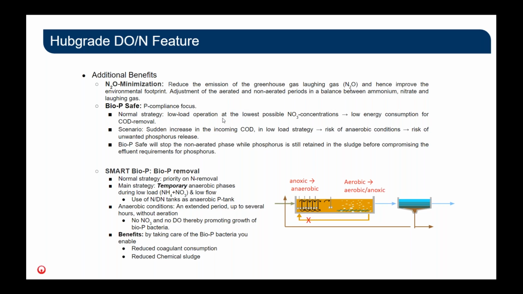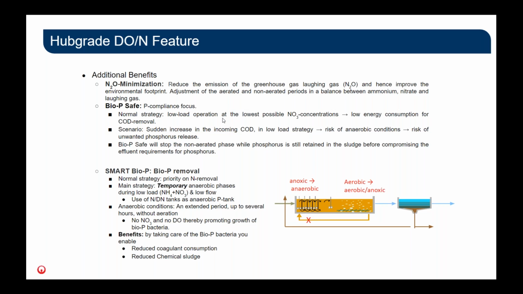Those can be controlled in conjunction with the DON feature to implement anaerobic conditions when we have a carbon source coming into the plant and we have overall lower load conditions and we know we don't need to use the entirety of our volume to nitrify and denitrify.